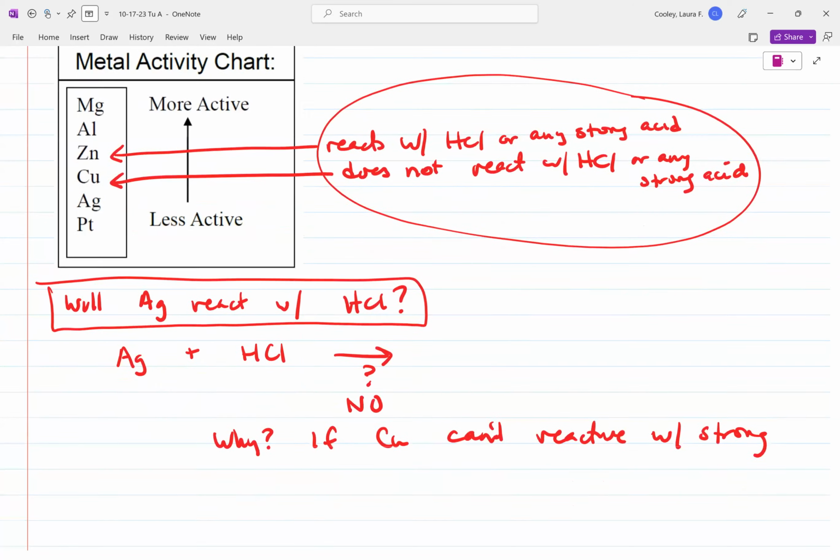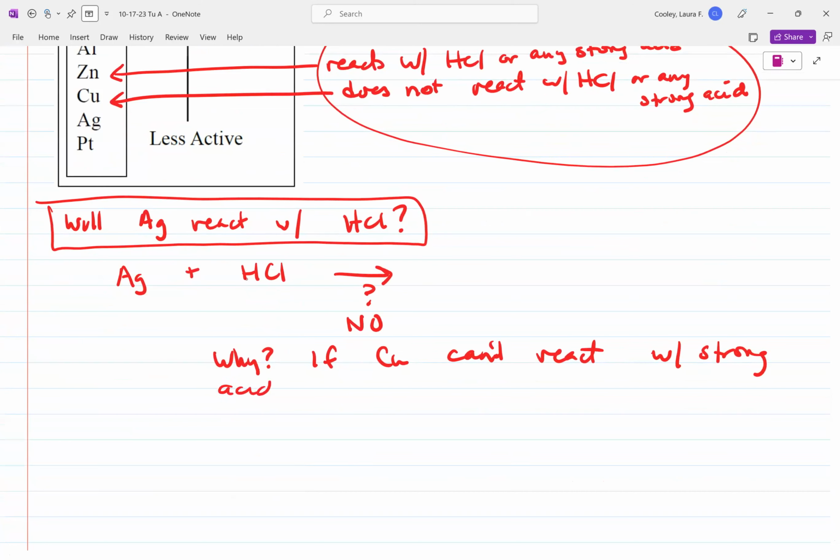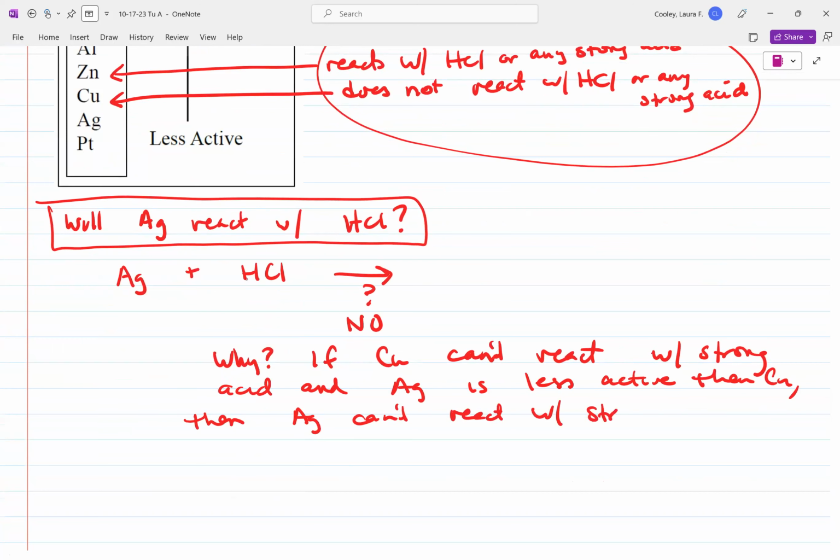If copper can't react with strong acid, and silver is less active than copper, then silver can't react with strong acid.